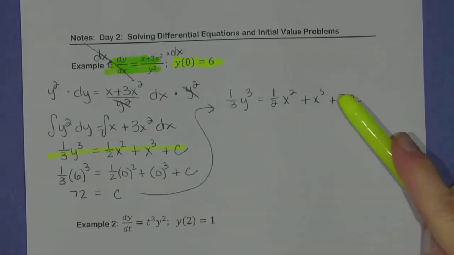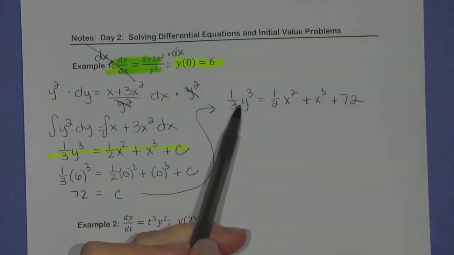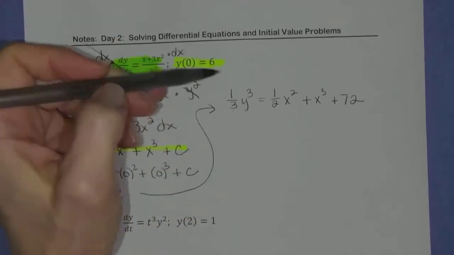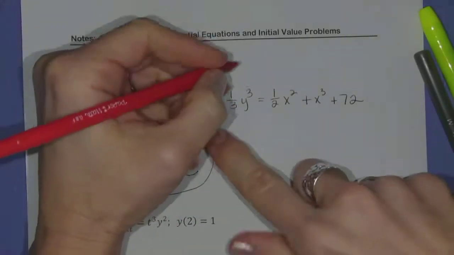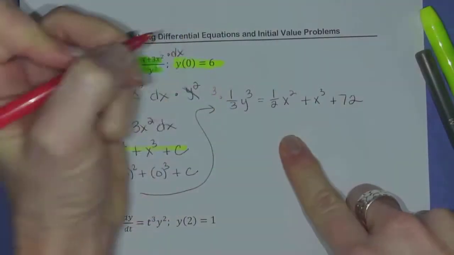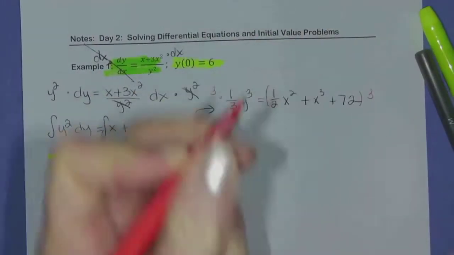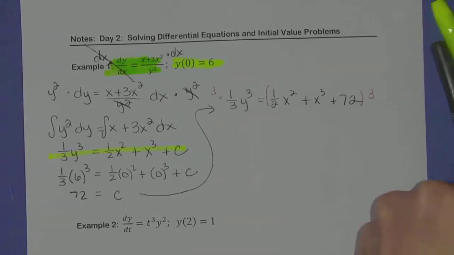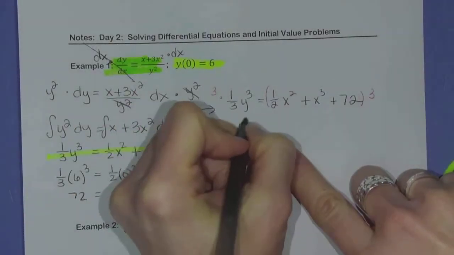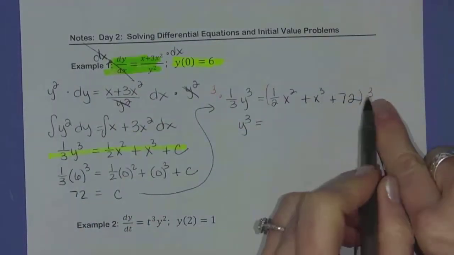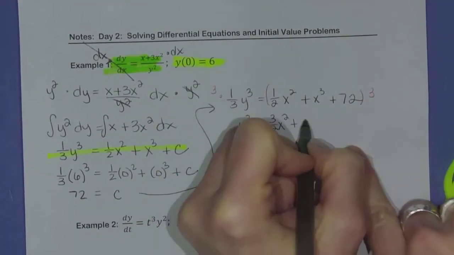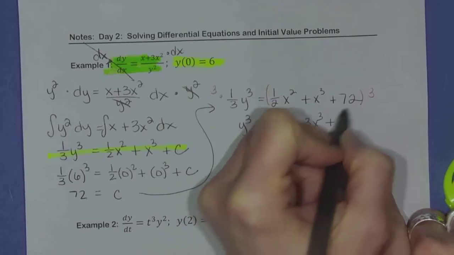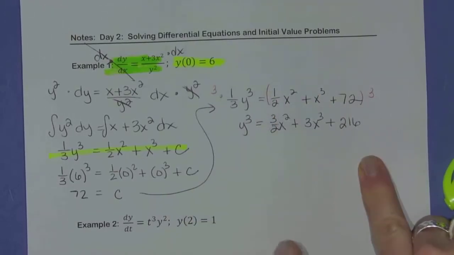Now that I found my c, all that's left is to solve for y. So first I want to clear this 1/3. I'm going to multiply both sides of my equation by 3. That's going to give me y^3 equals, and now I'm going to distribute, 3/2 x^2 + 3x^3 + 216.